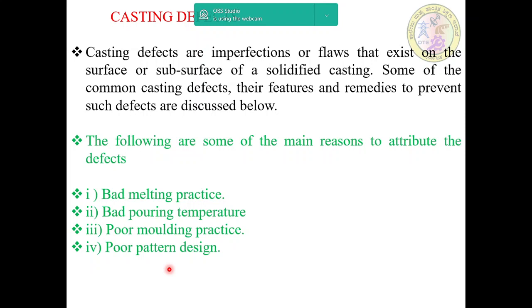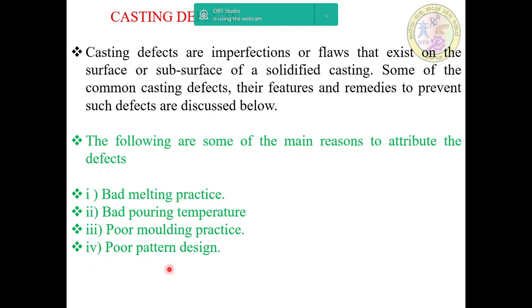The casting process involves a number of variables, and a loss of control in any of these variables can cause defects under certain circumstances. Some of the common casting defects, their features and remedies to prevent such defects are discussed below.